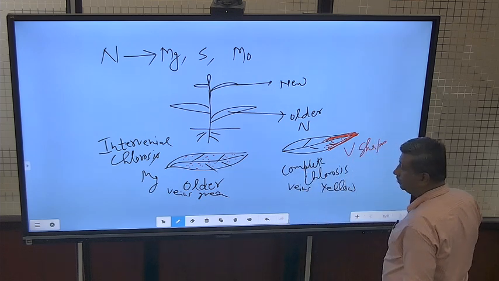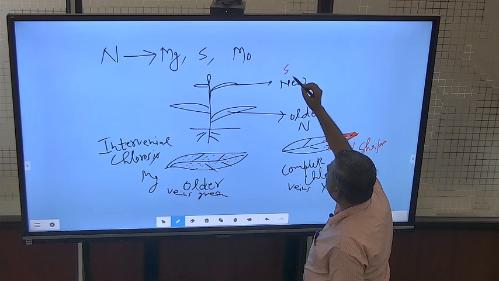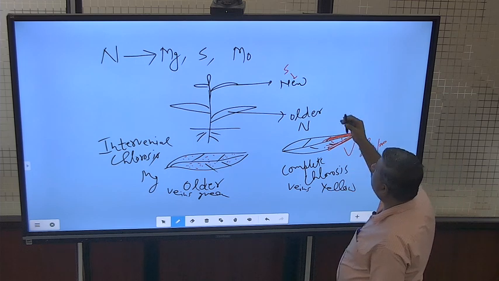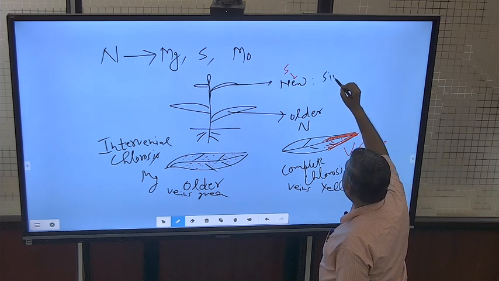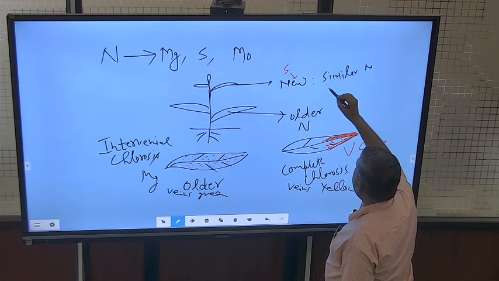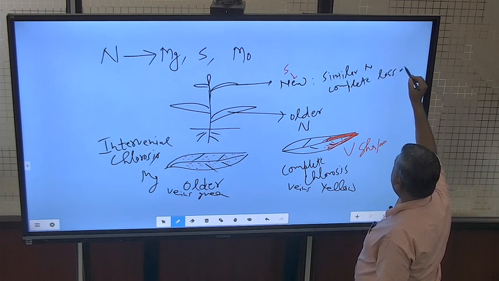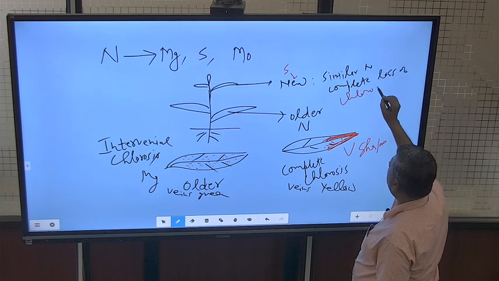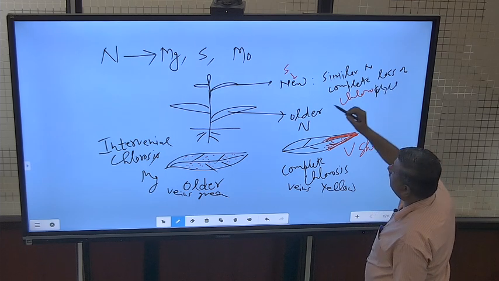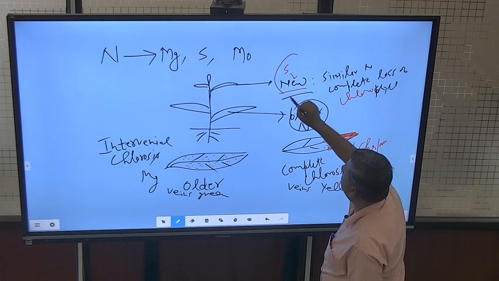And in case of sulfur, deficiency takes place in new leaves, and it is similar to nitrogen, meaning complete loss of chlorophyll, but this is in new leaves and nitrogen is in older leaves. So, this is the difference.